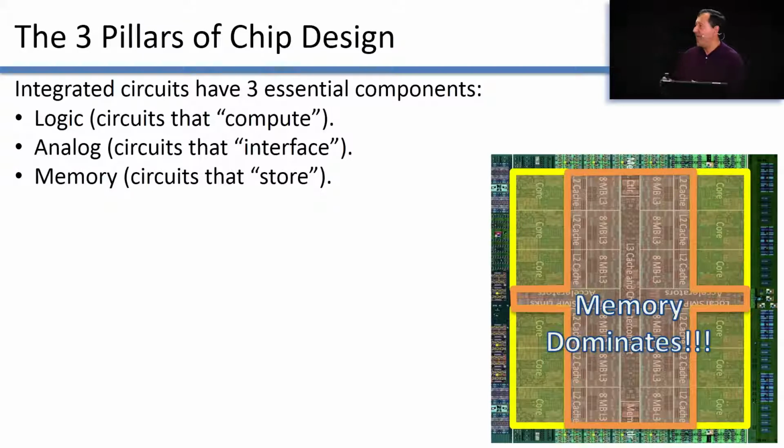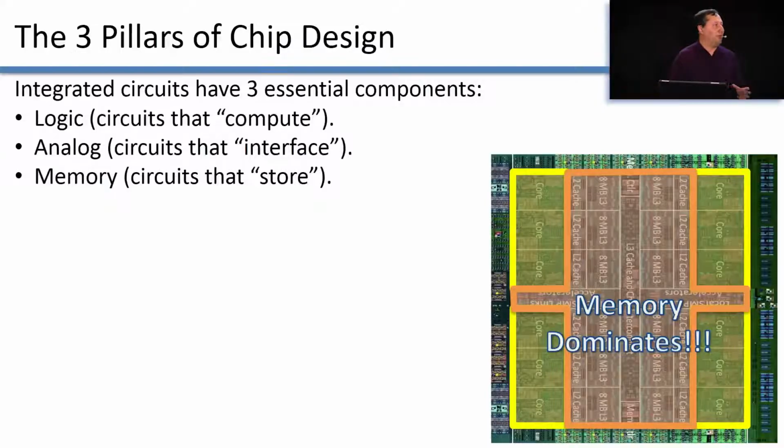Chips have analog. These are circuits that are used to interface the chip with the outside world. I don't want to talk about analog too much because analog people are very strange to me. So we will not talk about them any further. I know. And then the third one is memory. Memory is the circuits that store information.